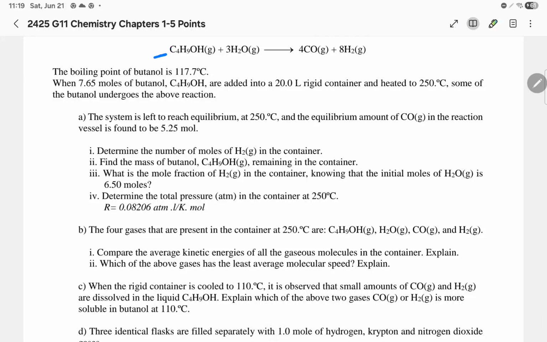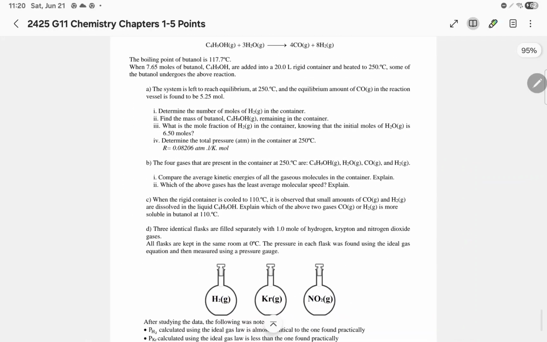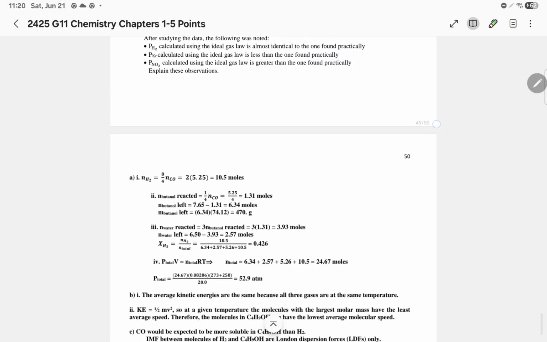The system is left to reach equilibrium at 250 degrees Celsius and the equilibrium amount of CO in the reaction vessel is found to be 5.25 moles. Determine the amount of moles of H2 in that container.